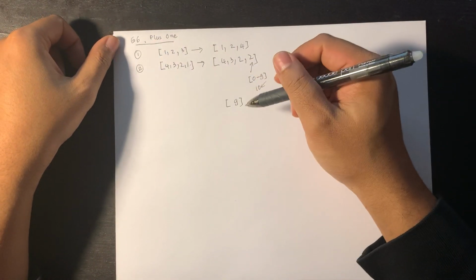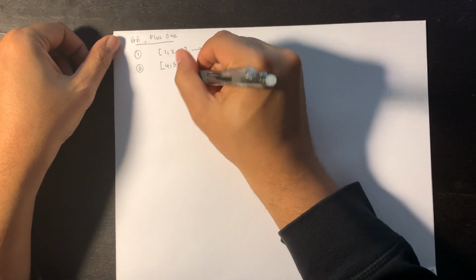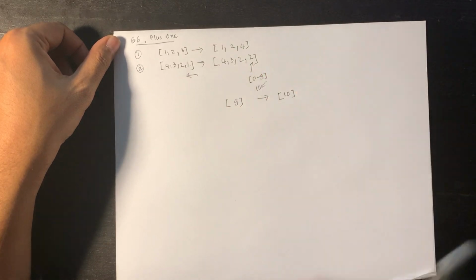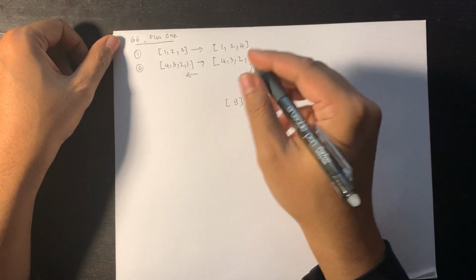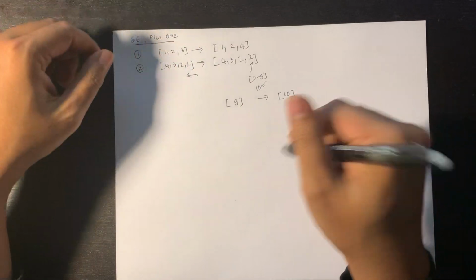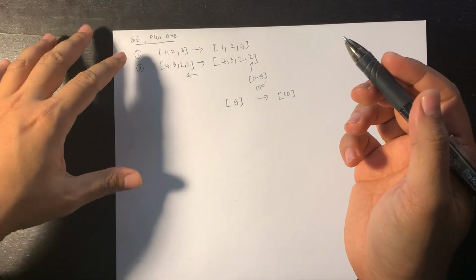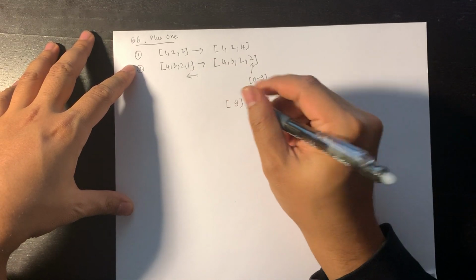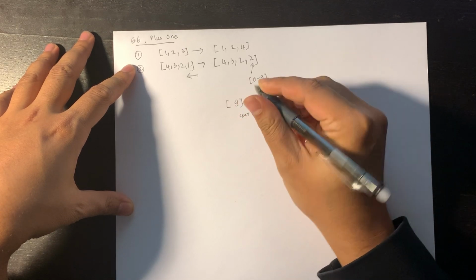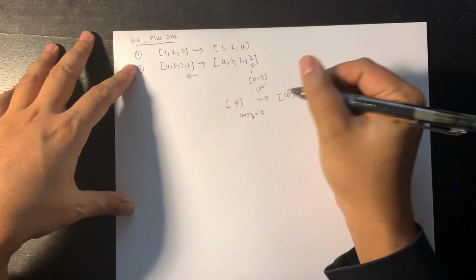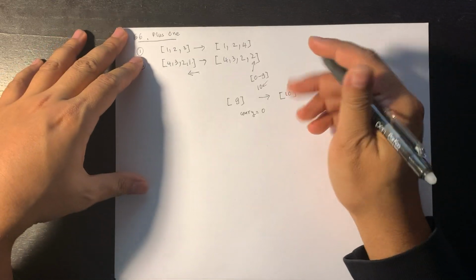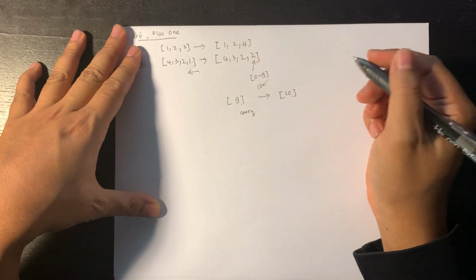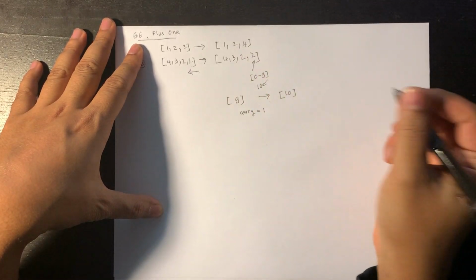So first I want to traverse through the list from right to left. And then I want to start with some sort of carry so that I can carry information to the next one. So I start with carry equal to 1, because we want to add the value 1.